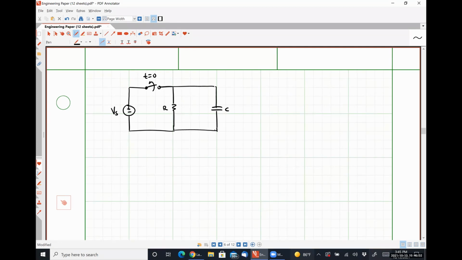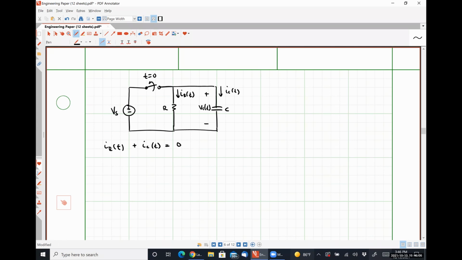All right. So I'm going to call this quantity right here VC of t, and I'm going to say that this current is IC of t, and this current is IR of t. Applying Kirchhoff's current law tells me that IR of t plus IC of t is equal to 0.